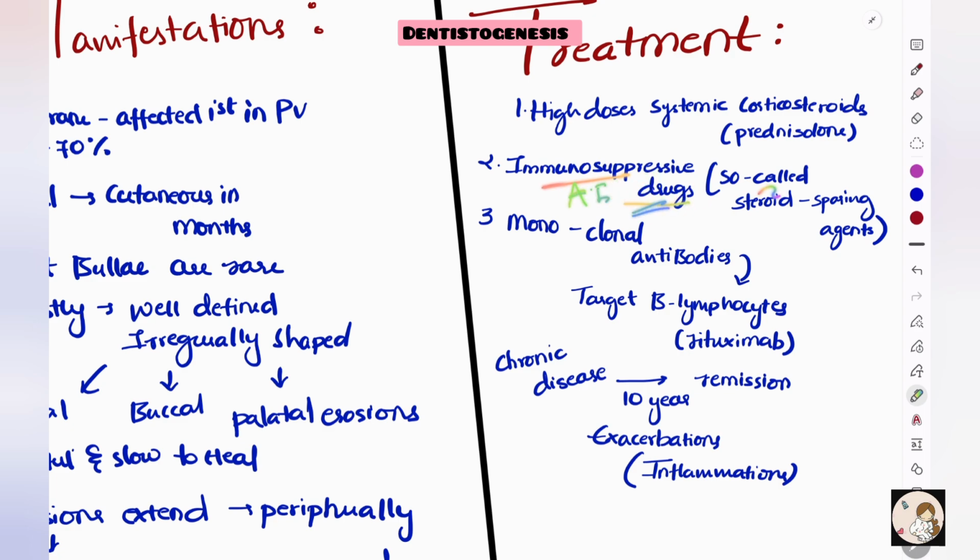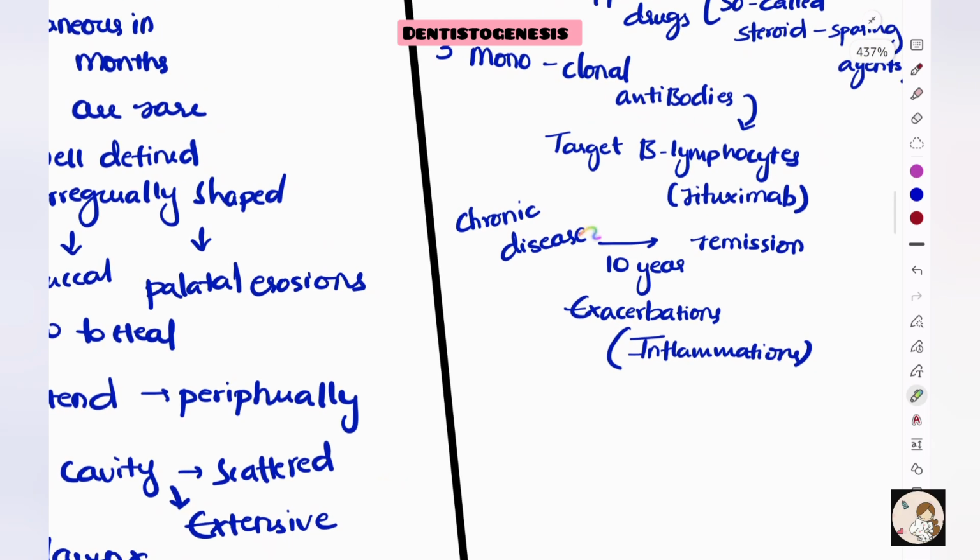Immunosuppressive drugs, so-called steroid sparing agents, should be given, and monoclonal antibodies which target B lymphocytes, as it is a B cell mediated autoimmune disease. Example like rituximab. Also, pemphigus is a chronic disease which could cause remission, and after 10 years inflammation or exacerbations could be seen.